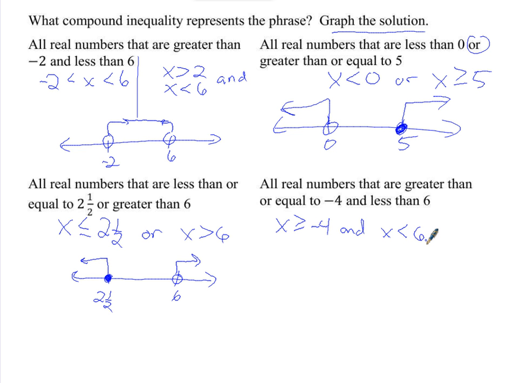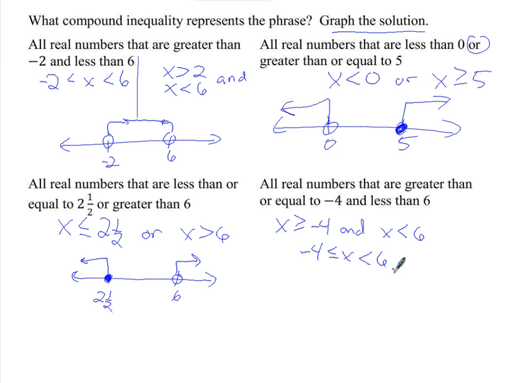Okay? And do we have the other way? Can we write it the other way? The smaller number is less than or equal to x. Notice I'm just reading this one backwards. And then less than 6 without having to write the word and.